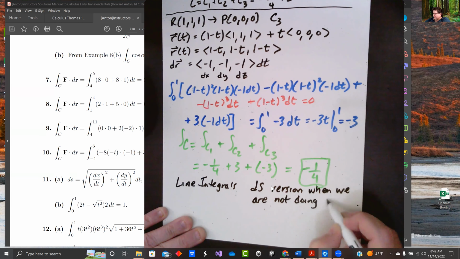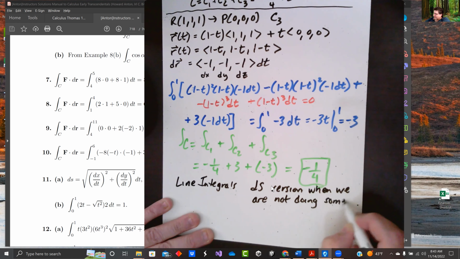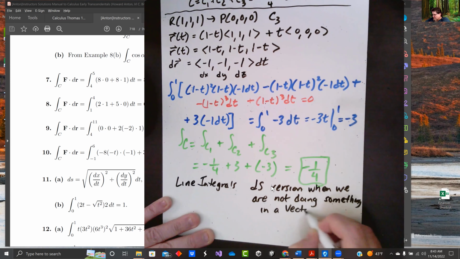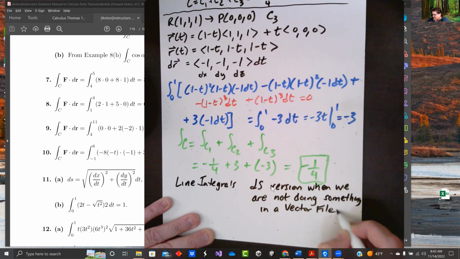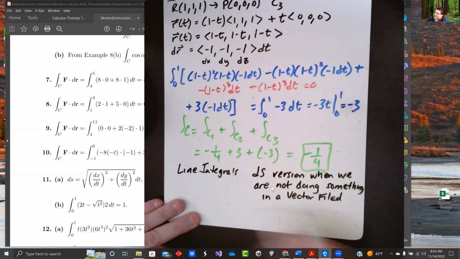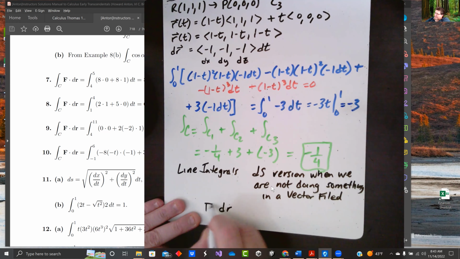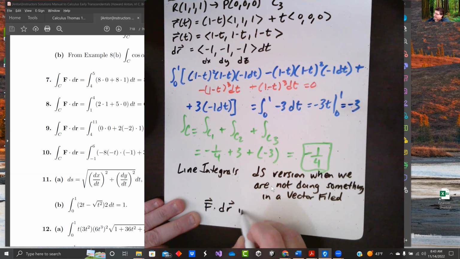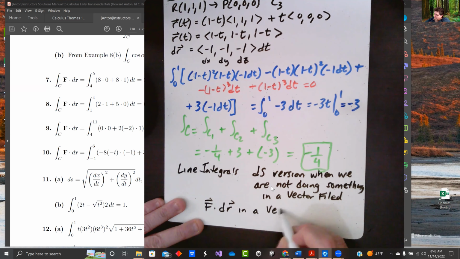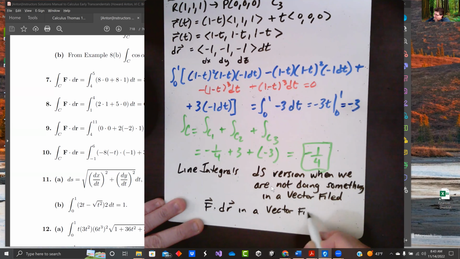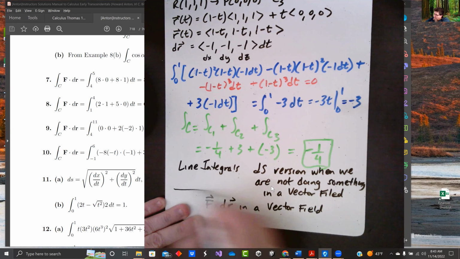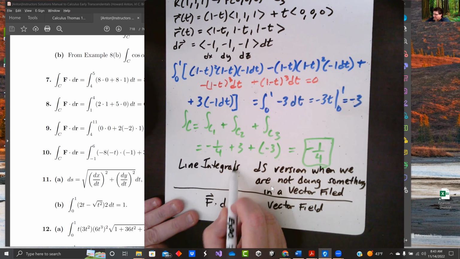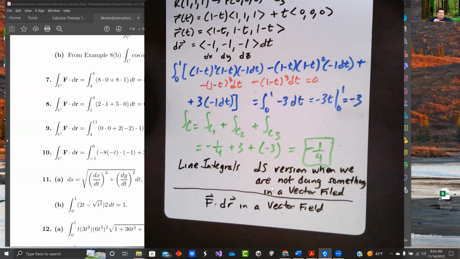Doing some operation, something in a vector field, and we use dr, or particularly F dot dr, in a vector field. And that is an integral. Let me clean it up a little bit.